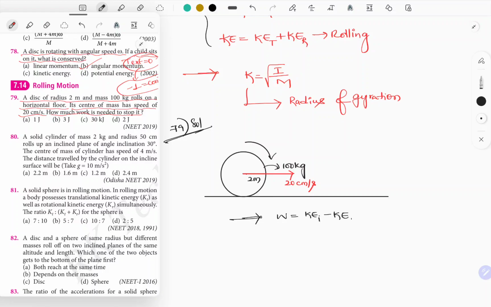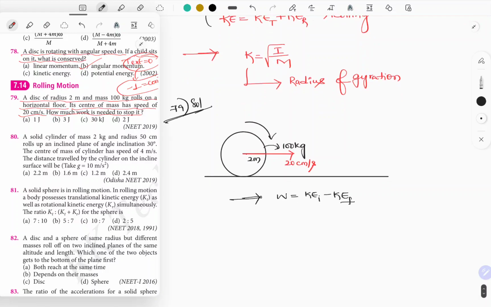Whatever the energy it is having, I have to give exactly the same amount of energy, but I have to apply force in the opposite direction of motion of the object. That's the reason the object is going to come to rest position.